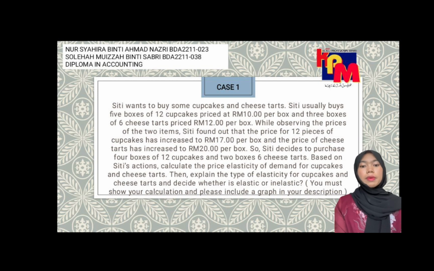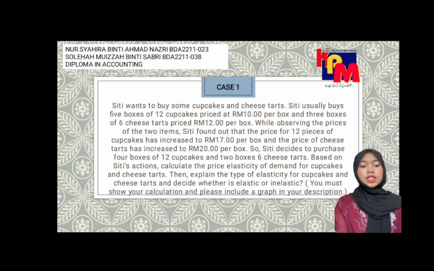Siti wants to buy some cupcakes and she starts. Siti usually buys 5 boxes of 12 cupcakes, priced at 10 ringgit per box, and 3 boxes of 6 cheese tarts, priced 12 ringgit per box.